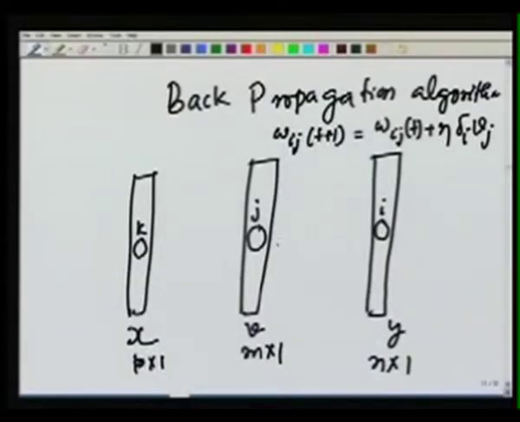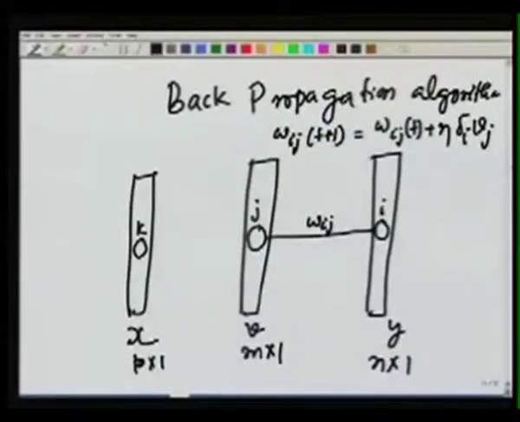What is my wij? This is my connection, this is wij. This particular weight is updated based on the error on a single data set, an instantaneous update rule.